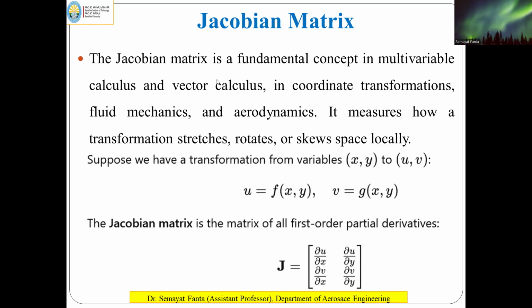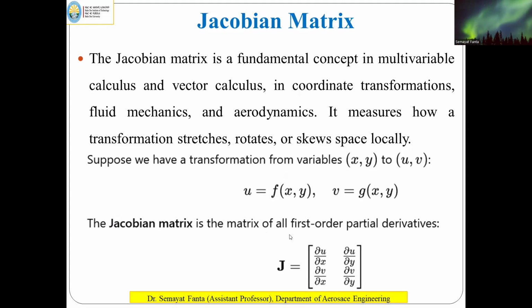Suppose the transformation takes the variables x and y to u and v, so u equals f of x, y and v equals g of x, y. These are the real and imaginary parts of the transformed function.